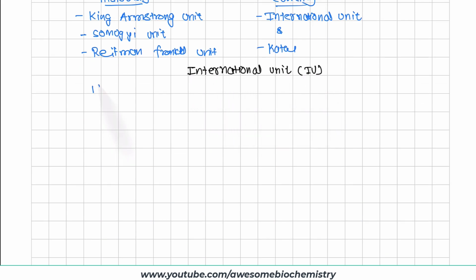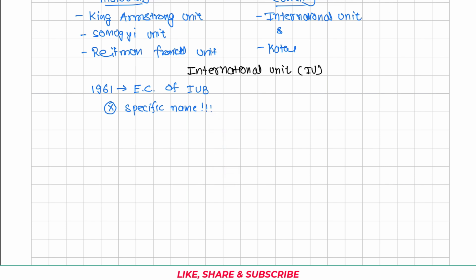In 1961, the Enzyme Commission of the International Union of Biochemistry suggested this unit. Interestingly, they didn't give it any specific name, so different organizations called it different things. Some called it international unit, some others called it just unit or standard unit or enzyme unit. But international unit became the most popular.